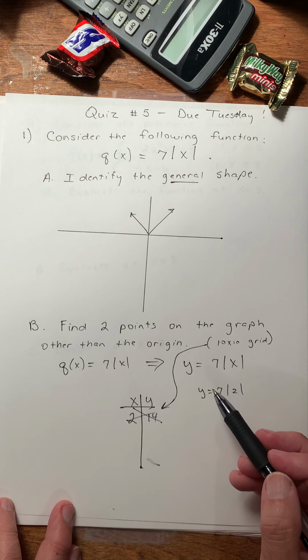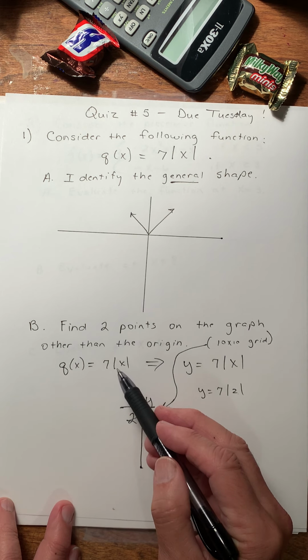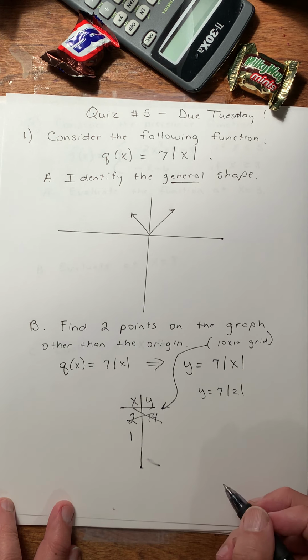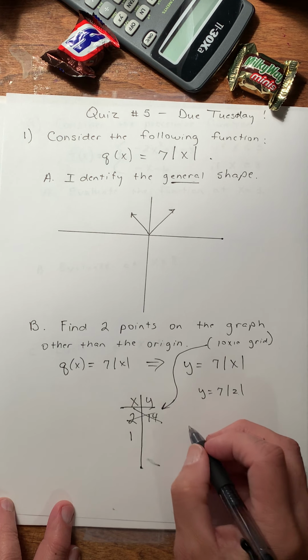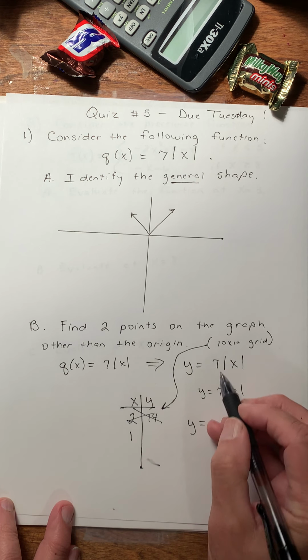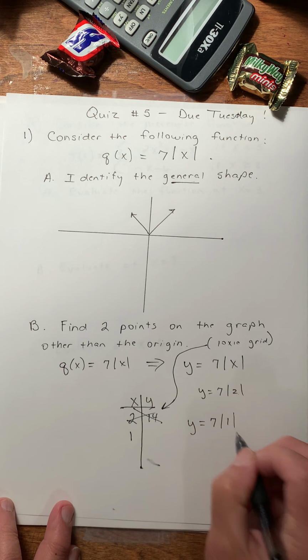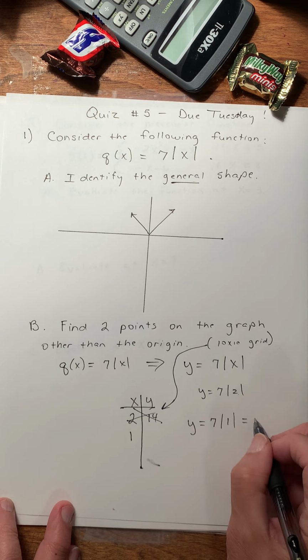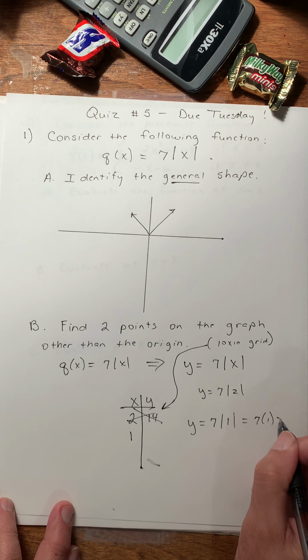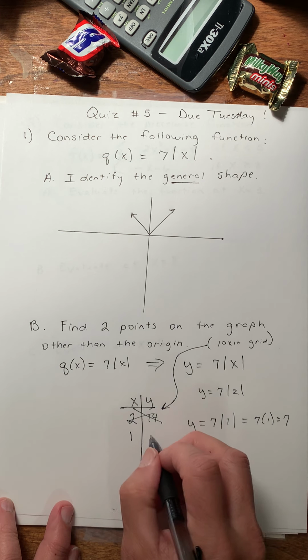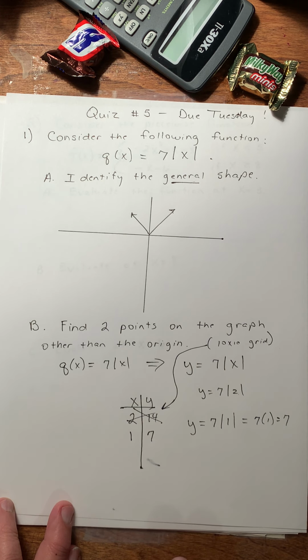So choose something easy and obvious. Choose 1 for your x. Absolute value of 1. So y is 7 times the absolute value of 1. Absolute value of 1 is 1. That's 7. So I got me a point, 1, 7.